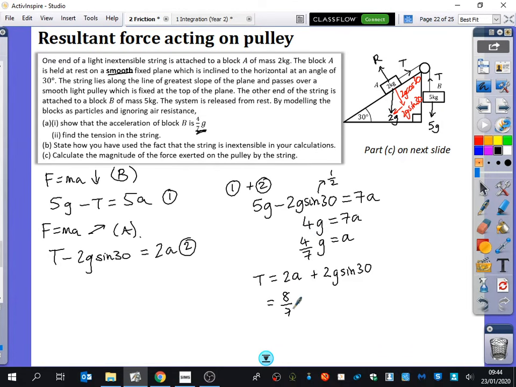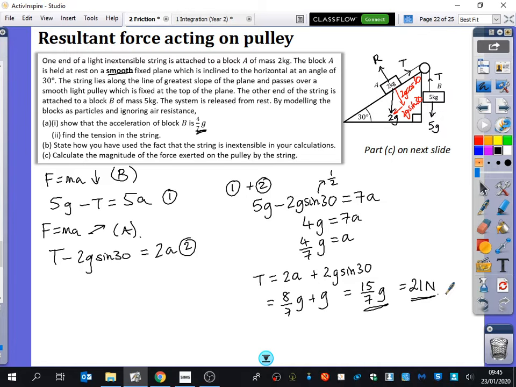So you've got 8/7g, and we said 2g sine 30 is just g. 8/7 plus that is 15/7, so you get 15/7g. Now that one we might like to put in newtons, and you get that it's 21 newtons when you calculate that. Now that's the easy part. Mostly I'm wanting to work on part C here because this is the stuff that's a bit new.